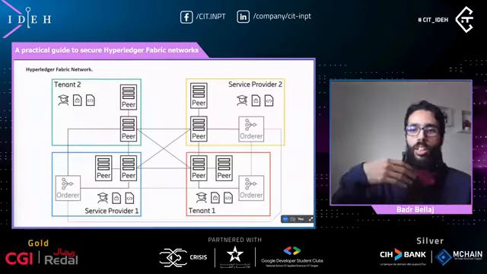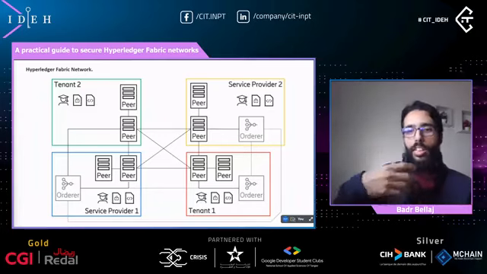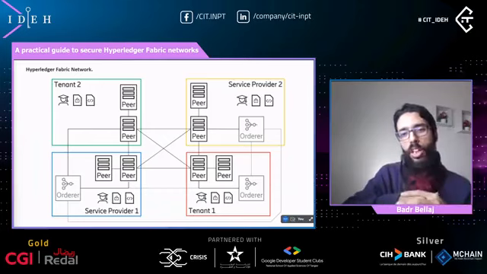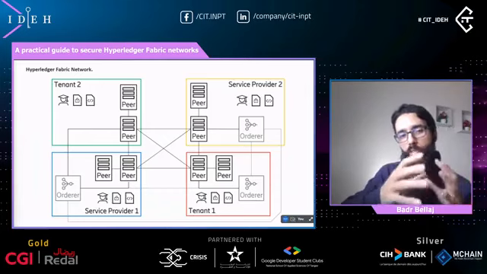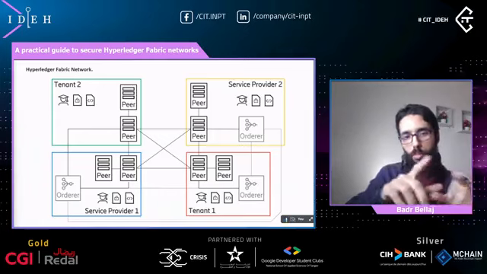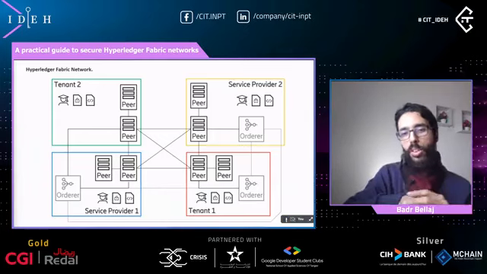So if we look at the Fabric network, in this picture we have a Hyperledger Fabric network composed of 4 organizations, the 4 colored boxes.